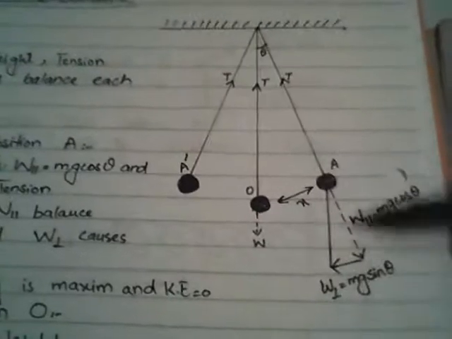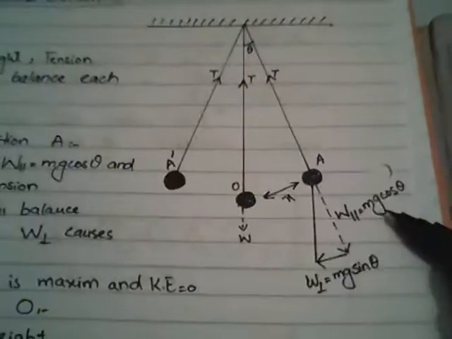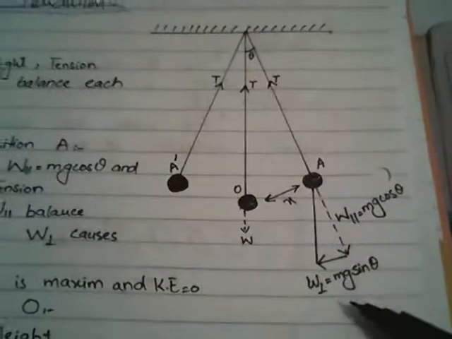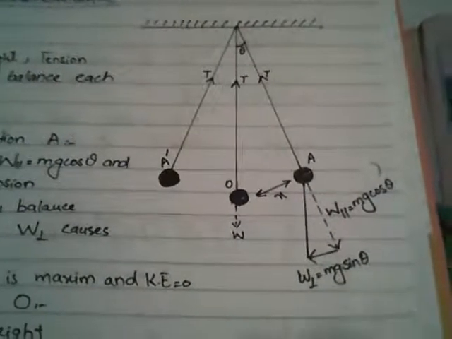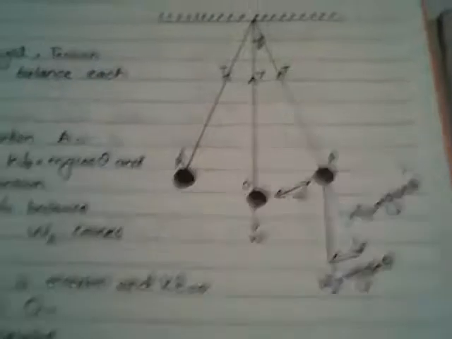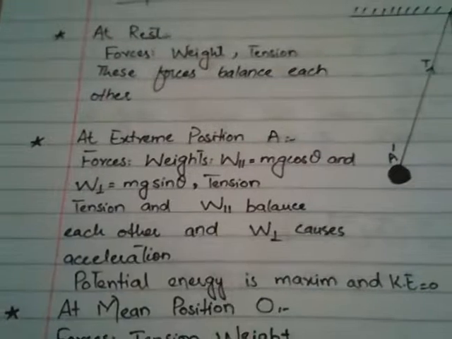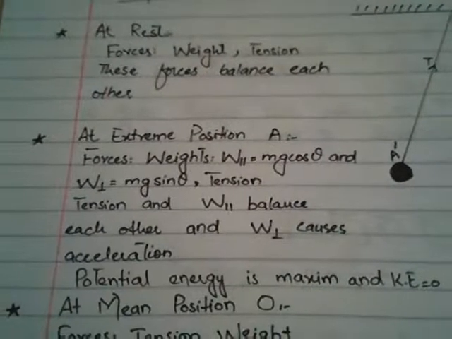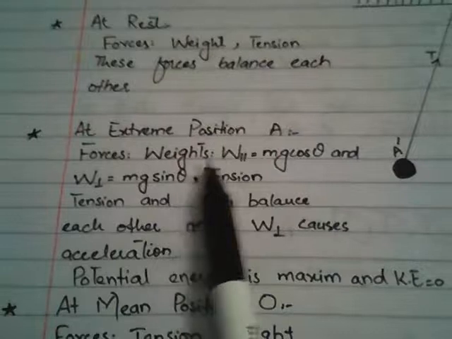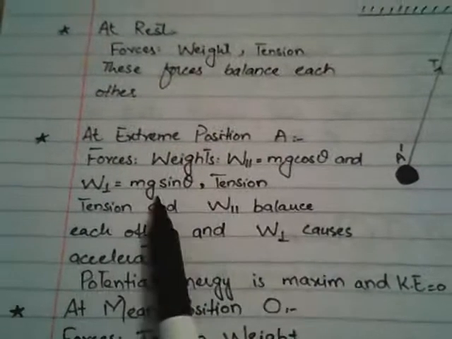For the base we will have W parallel to the string equals mg cos theta, and W perpendicular equals, as you definitely know, mg sin theta. What happens now is that three components of forces are acting on it: the parallel weight mg cos theta, the perpendicular weight mg sin theta, and the tension.